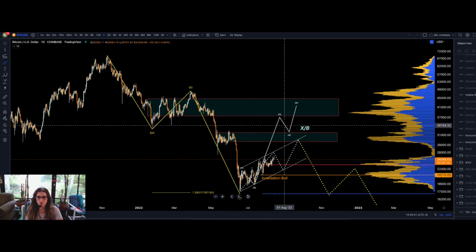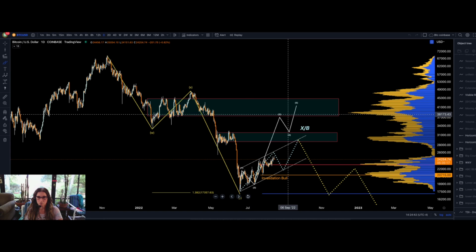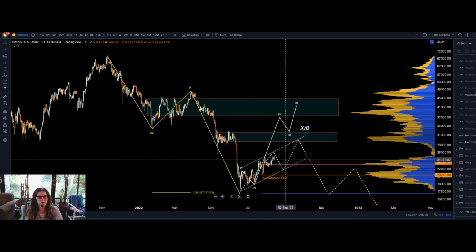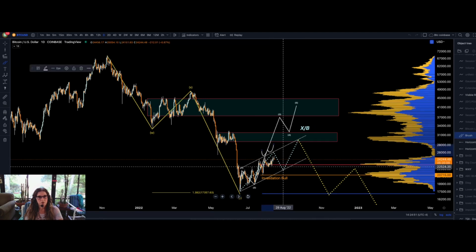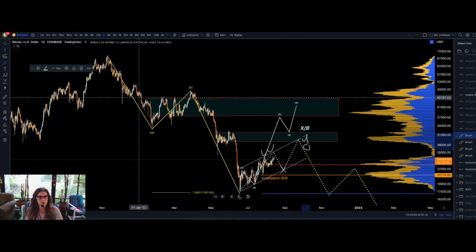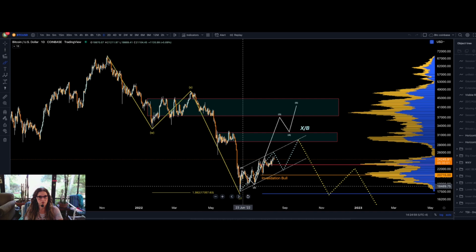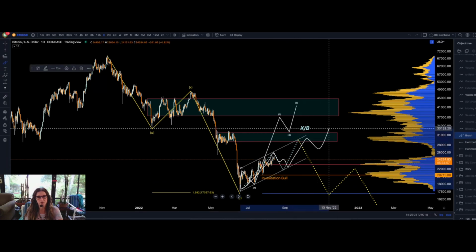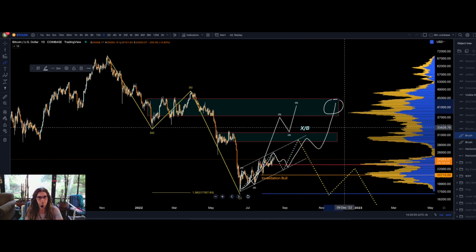So bullish scenario, it needs to go. Now my bias is that we're creating a complex structure. That it's going to be W, X, Y, or a bigger version of that, where this is all one structure, we pull back, and then we make another 3 waves, and we could even get up here.